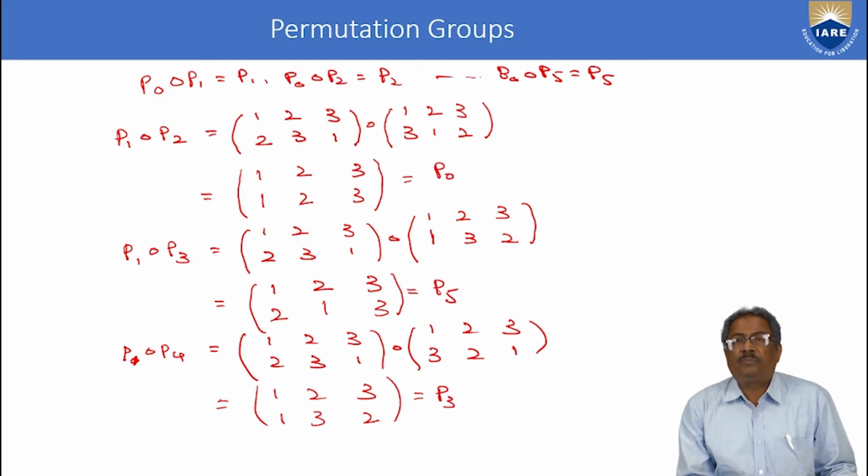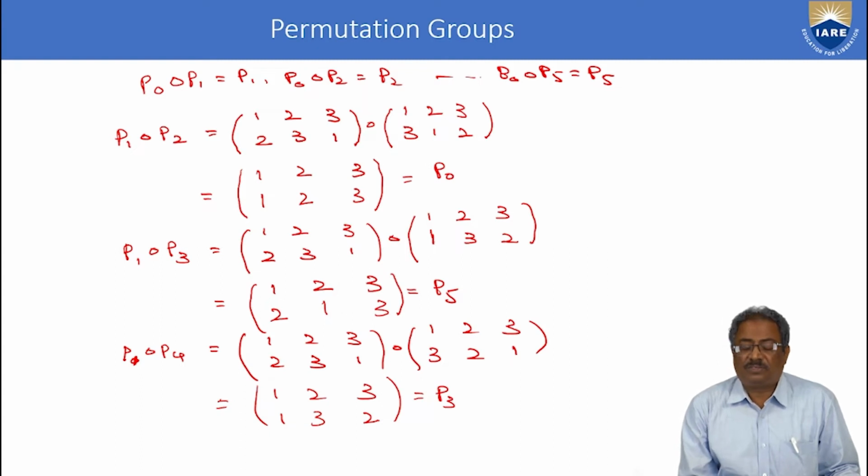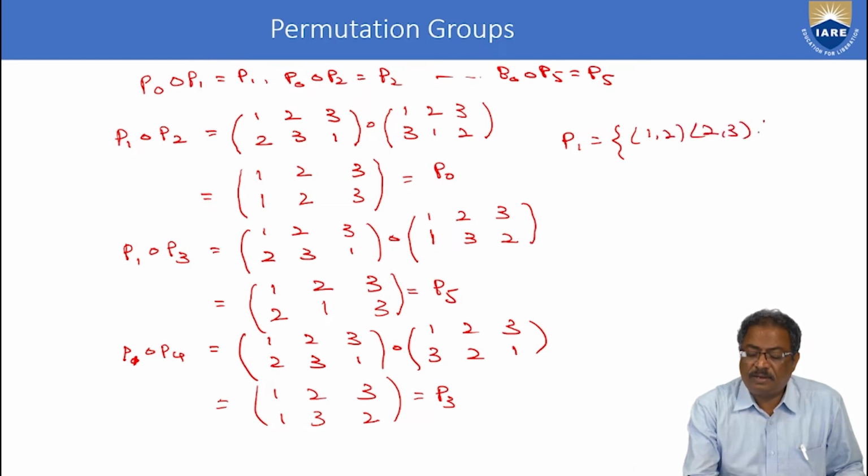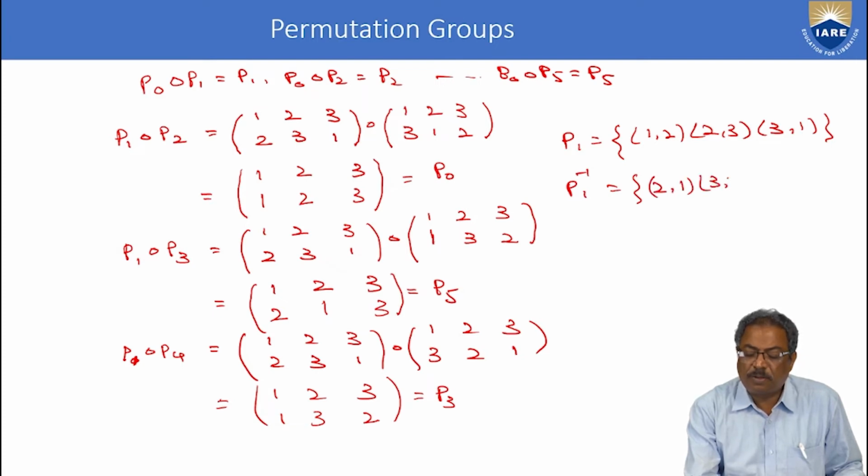This is the way we multiply two permutation functions. Now, to write the inverse of a permutation function: P1 is 1 to 2, 2 to 3, and 3 to 1. The inverse is just the reverse: 2 is mapped to 1, 3 is mapped to 2, and 1 is mapped to 3.